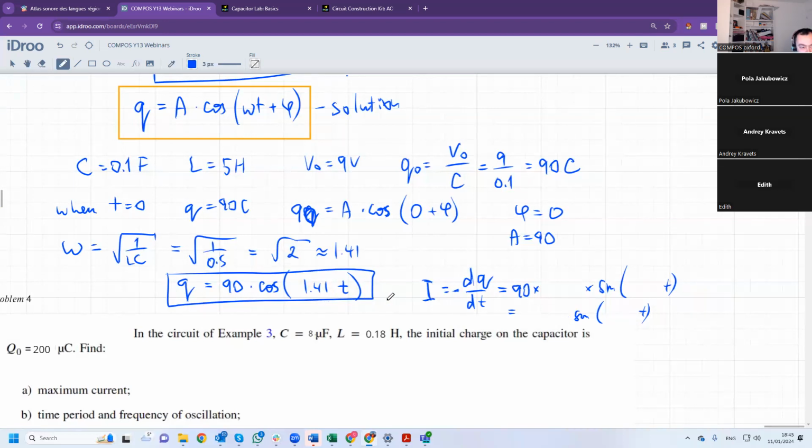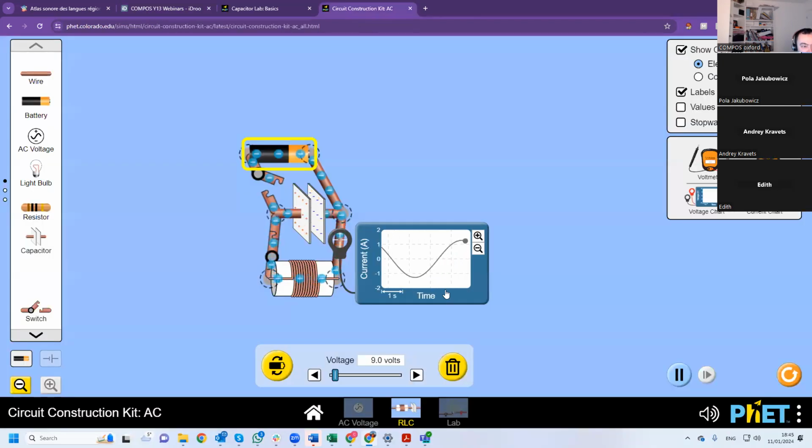Still doesn't make any sense. 1.41, 90 times 1.41. According to this, the current should be 126.9 amps, which obviously isn't right. So let's see what's going on here.